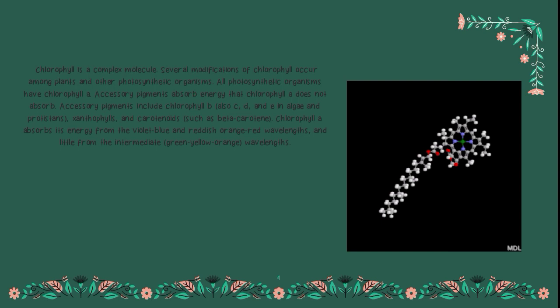Chlorophyll a absorbs its energy from the violet-blue and reddish orange-red wavelengths, and little from the intermediate green, yellow, orange wavelengths.